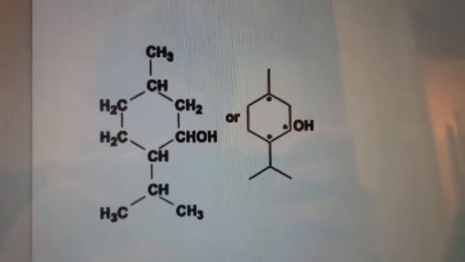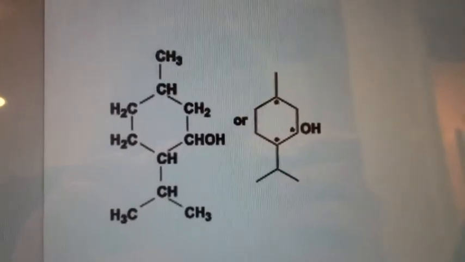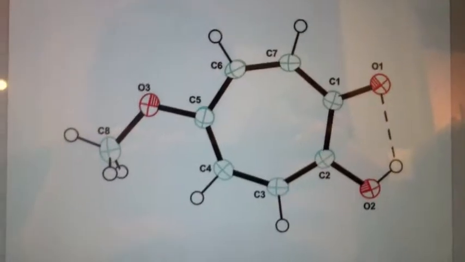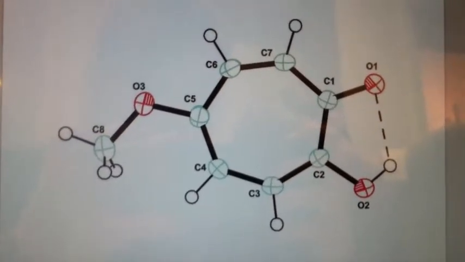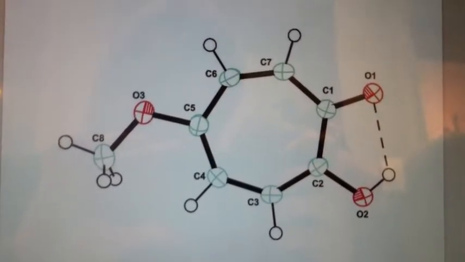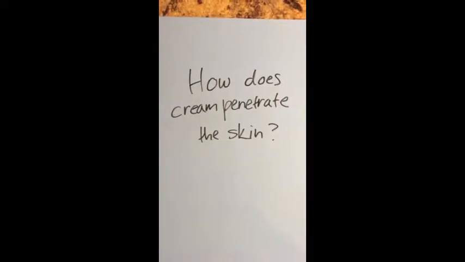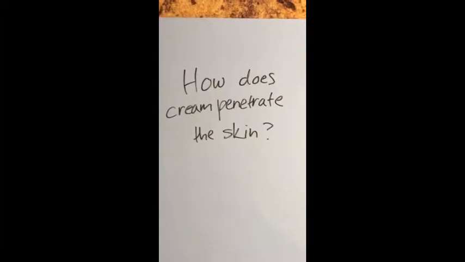This is the chemical structure of menthol. And this is the chemical structure of methyl salicylate. How does the cream penetrate the skin?